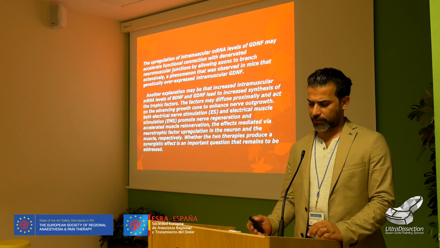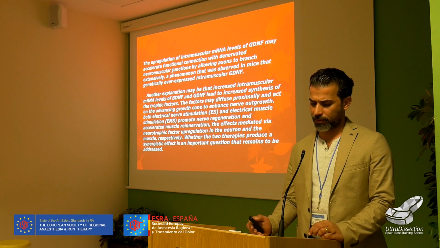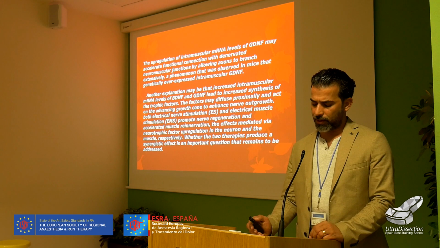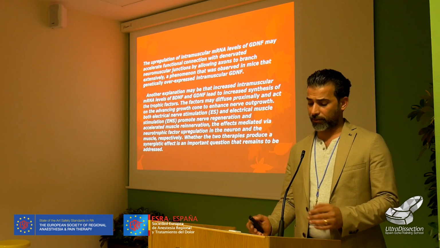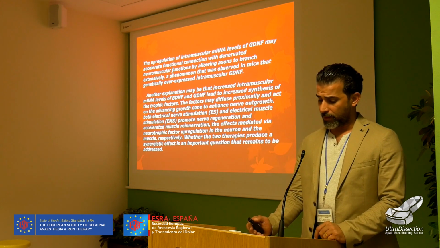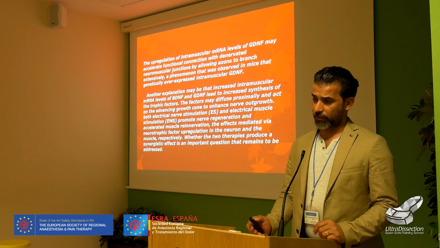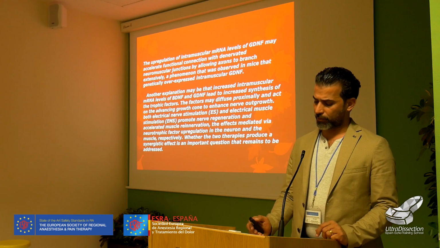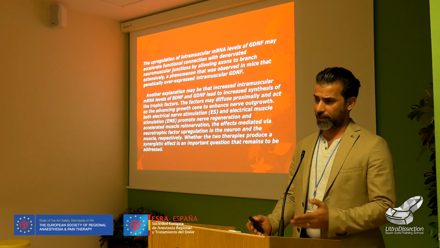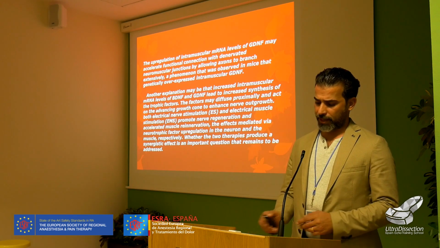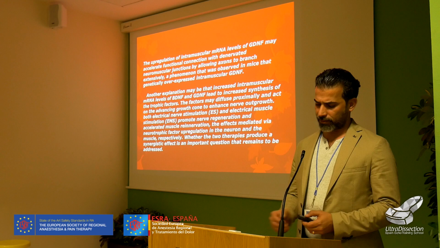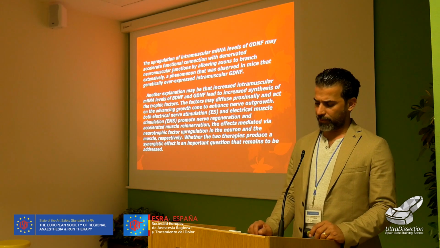So another explanation may be increased intramuscular mRNA levels of brain-derived neurotrophic factor and GDNF, glial-derived neurotrophic factor, leading to increased synthesis of the trophic factors. This is the mechanism. The factors diffuse proximally and act on the advancing growth cone to enhance the nerve outgrowth.